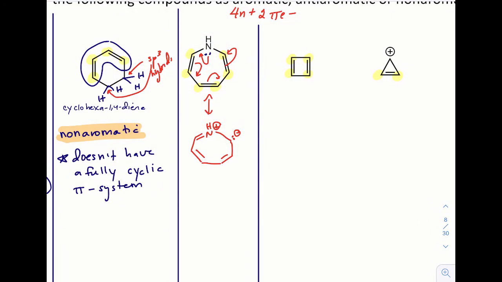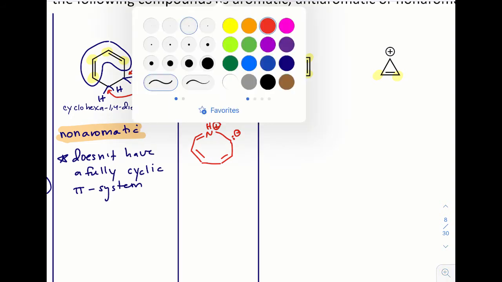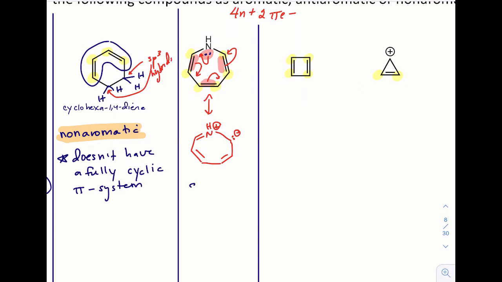In that case, these 2, 4, 6, 8 pi electrons do occupy a fully cyclic, planar, contiguous system of p orbitals. 8 pi electrons is 4n, where n equals 2. So we expect this molecule to not be particularly stable, as it represents an anti-aromatic system.